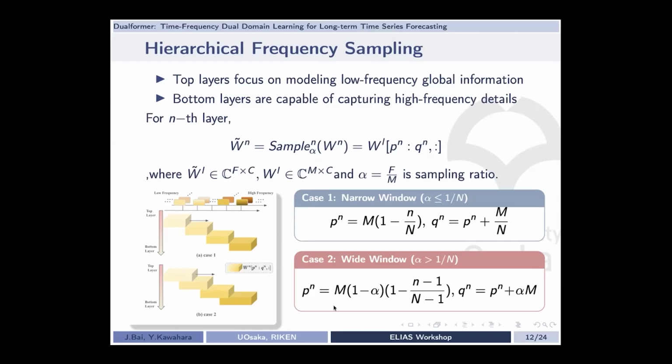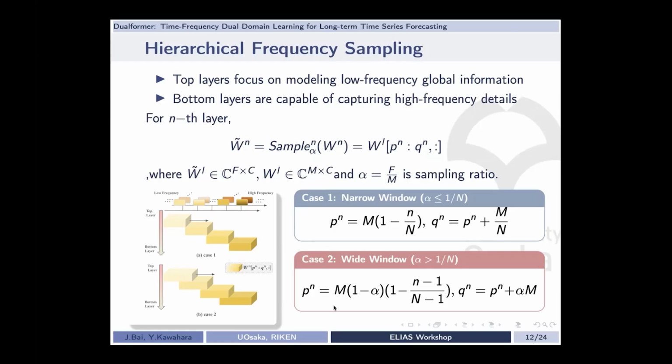For example, in the nth layer, we have the original spectrum indicated as W_n. We design a slicing function to dynamically select different frequency ranges for this given layer, and the sampled frequency range is denoted as W tilde n.